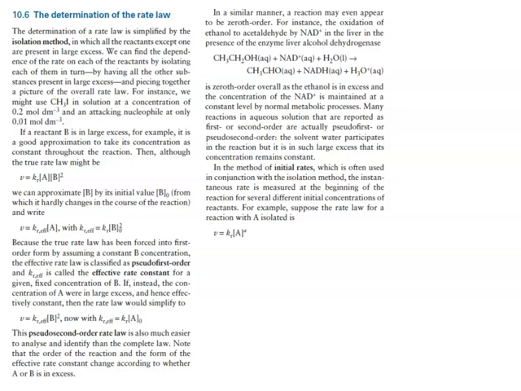If a reactant B is in large excess, it's a good approximation to take its concentration as constant throughout the reaction. Then, although the true rate law might be, say, rate equals the rate constant times the concentration of A times the concentration of B squared, we can approximate B by its initial value, B naught, from which it hardly changes over the course of the reaction, and simply write the following.